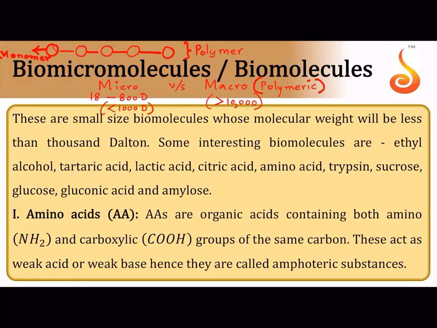They represent the individual bead-like structures, whereas all the beads which are connected to each other by chemical bonds make up a polymer, which can be a macromolecule. So generally a biomicromolecule is smaller in molecular weight, and a biomacromolecule is larger in molecular weight. Now we will discuss both biomicro and biomacromolecules.